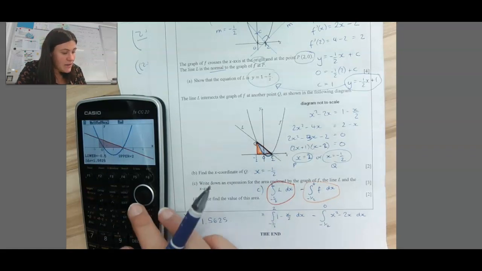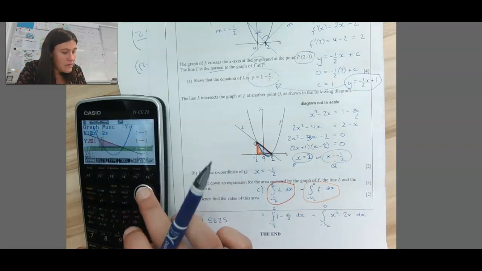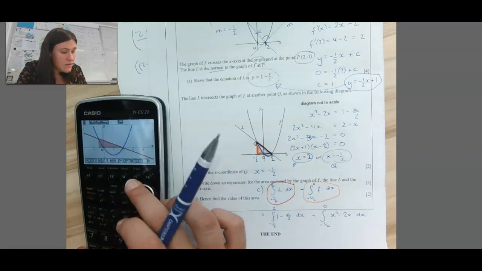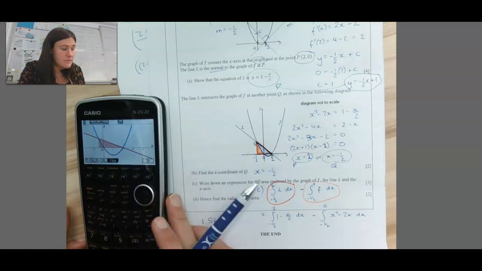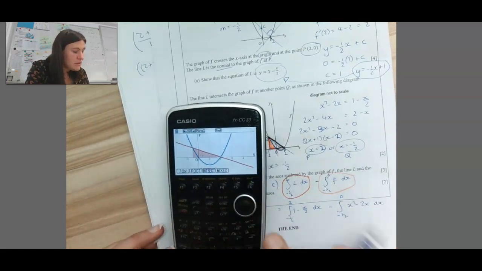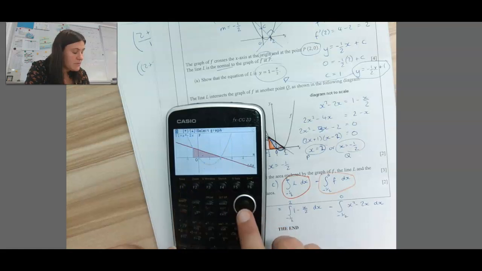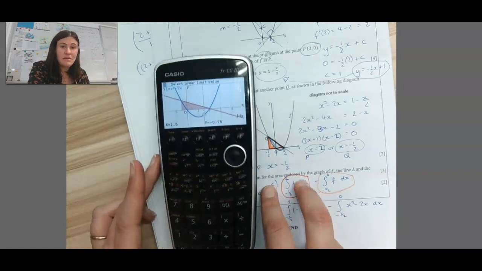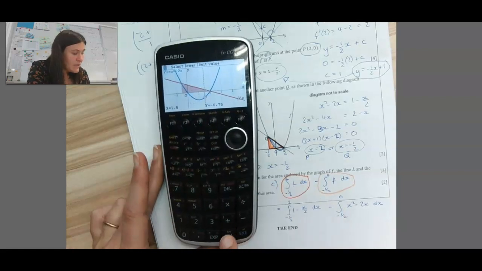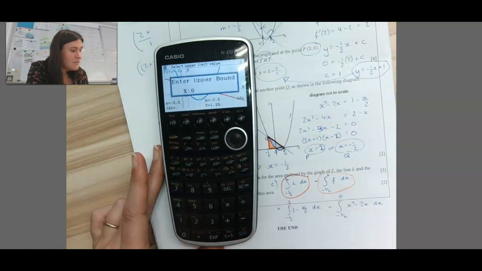And I'm going to take off the other bit, so I'll exit out of there, draw it again, graphically solve, integral. This time, yes, I want what's underneath this function, so I'll select that one. My lower limit value again is minus 0.5. My upper limit is now 0.